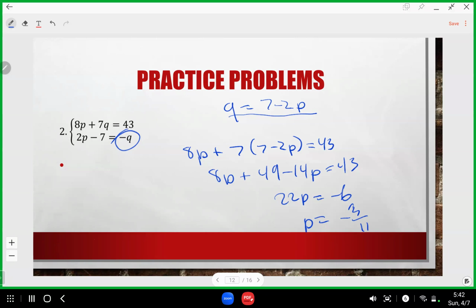When you multiply 2p minus 7 equals negative q by negative 1, I got q equals negative 2p plus 7. What did you say? When you multiply 2p minus 7 equals negative q by negative 1, I got q equals negative 2p plus 7. This is the same thing. It's just flipped. Oh, okay.